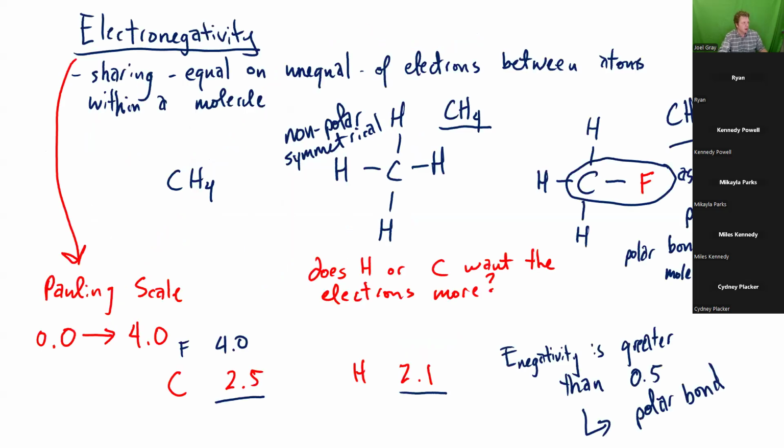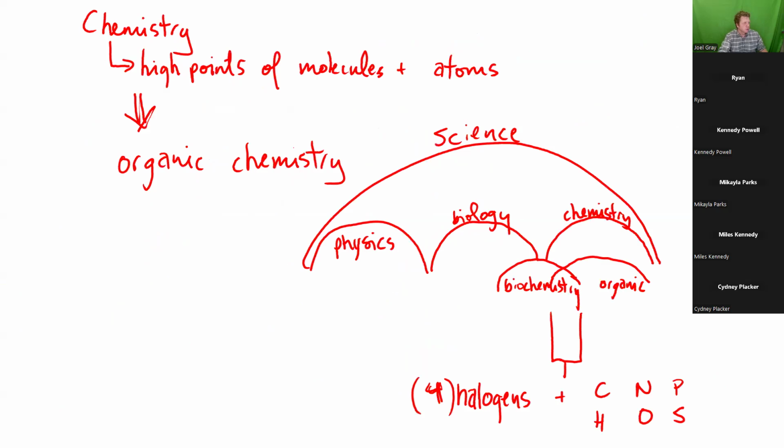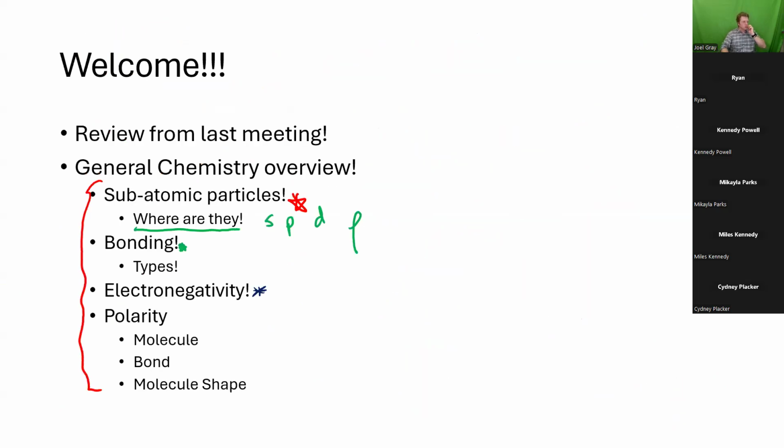Okay, now let's jog back for just a second. So we talked about electronegativity. Then we eased into polarity, talked about the differences between a molecule being polar and a bond being polar. And then last but not least, shape. Whenever I'm talking about shape, I'm really getting at symmetry.